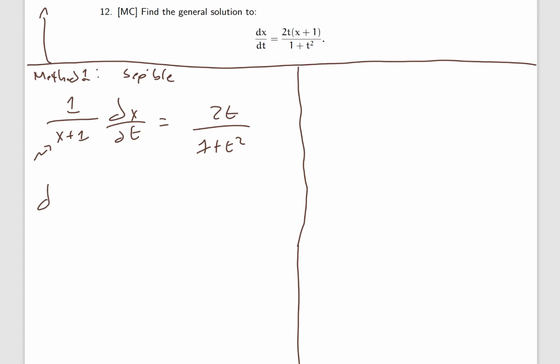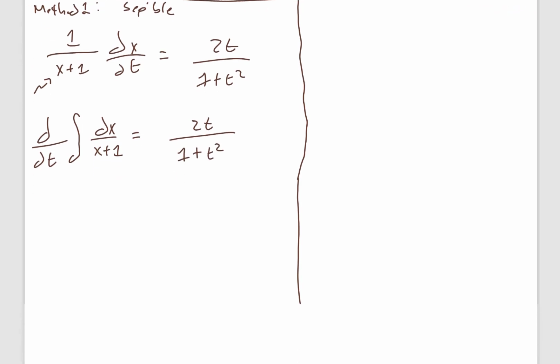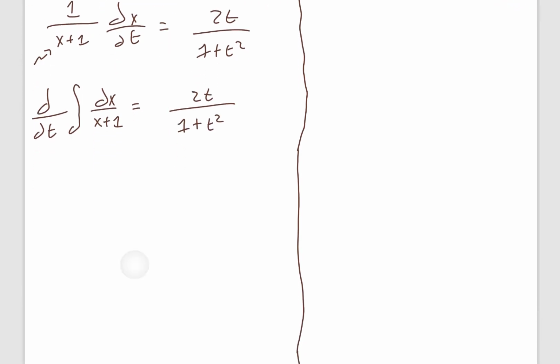And so what we're saying is that the left-hand side is the derivative with respect to t, let me just write this explicitly, of the antiderivative of dx over x plus 1. And this is equal to 2t over 1 plus t squared. The antiderivative of this is the natural log of the absolute value of x plus 1.